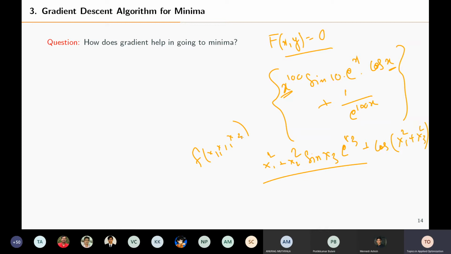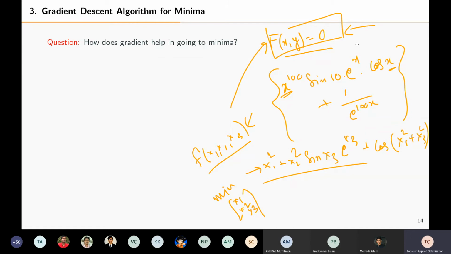If there is a function like this and you have to minimize it over the vector (x1, x2, x3), then your first step could be, let us go ahead and find the critical point. But even finding this may not be easy, and this is still only a 3 variable case. Imagine that you have a 1,000 variable case and so on. So even solving for the critical point is not a straightforward thing.